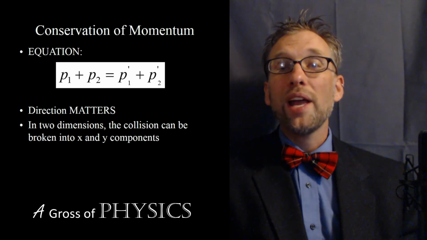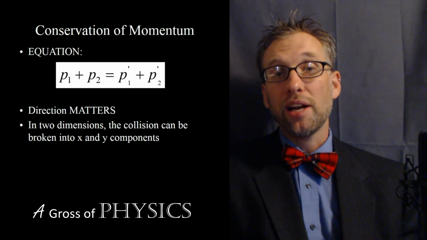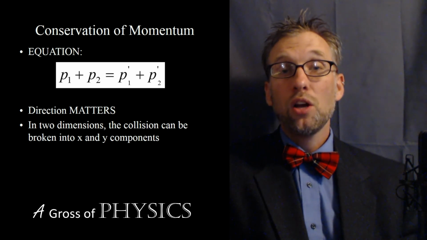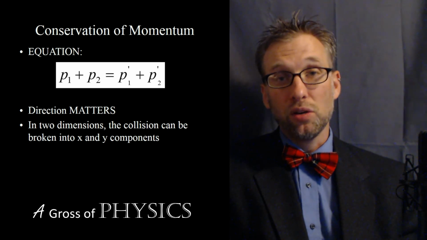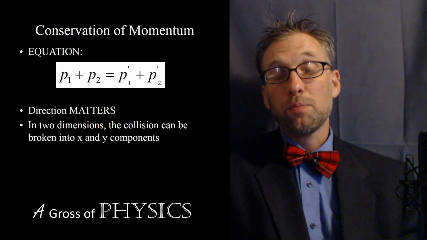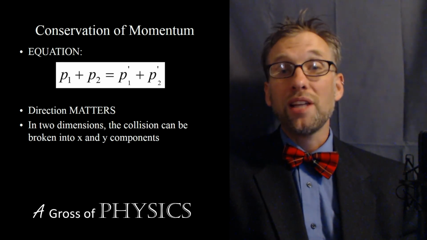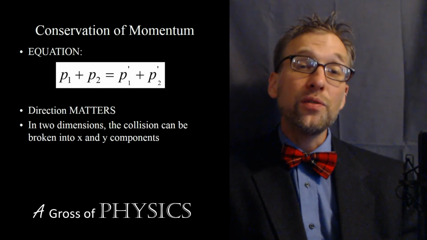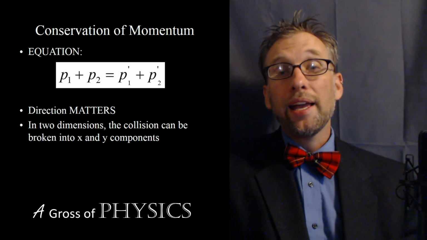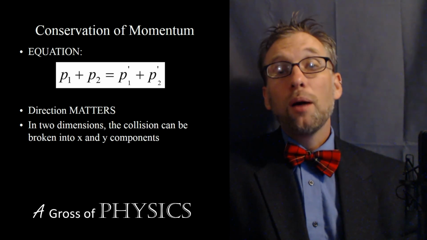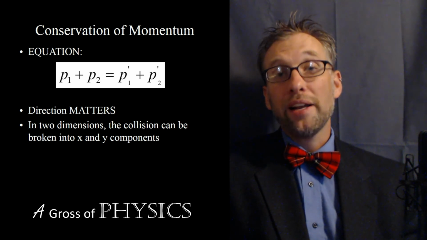Now there's a number of ways that we can denote the different objects. I like to use subscripts 1 and 2 for the two objects. So P1 plus P2 equals P1 plus P2. But then we also need to denote what's before and what's after. And the way I do that is I use a prime, a superscript above the terms for final.